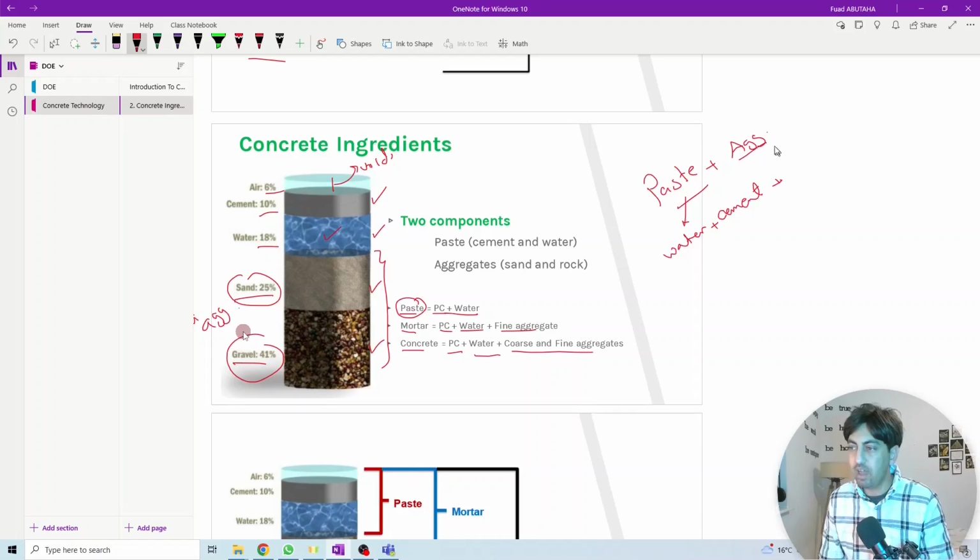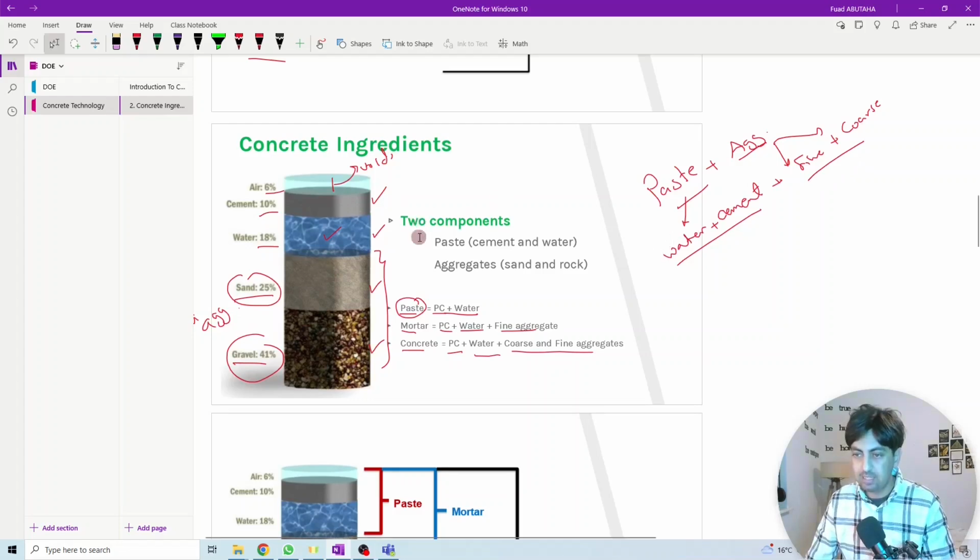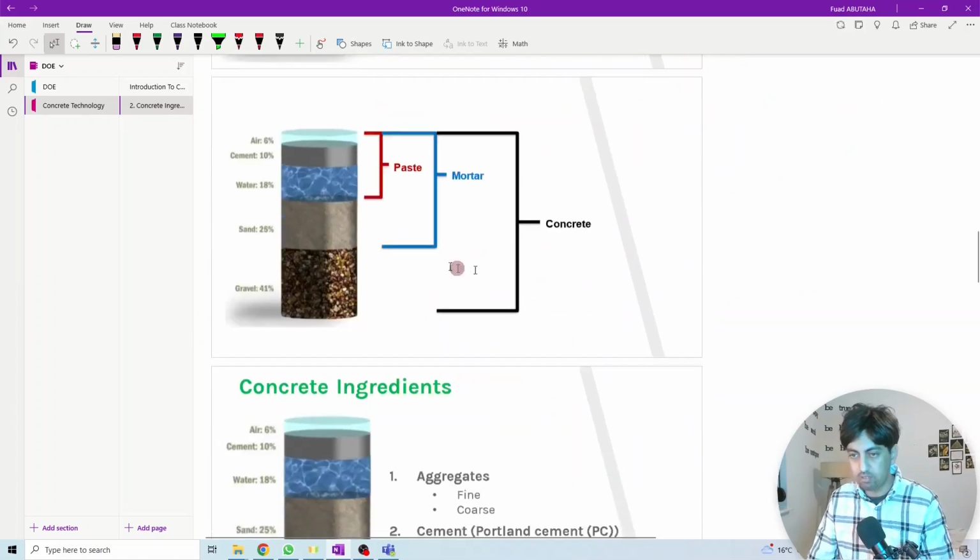And for the aggregate, we have fine aggregate, which is sand, and coarse aggregate, which is gravel. So paste is cement with water, and the fine and coarse aggregate are already included in the aggregate. So we can say here that concrete is made of paste and aggregate. Paste is cement with water, and aggregate is the sand and rocks or gravel, or whatever you want to call it.